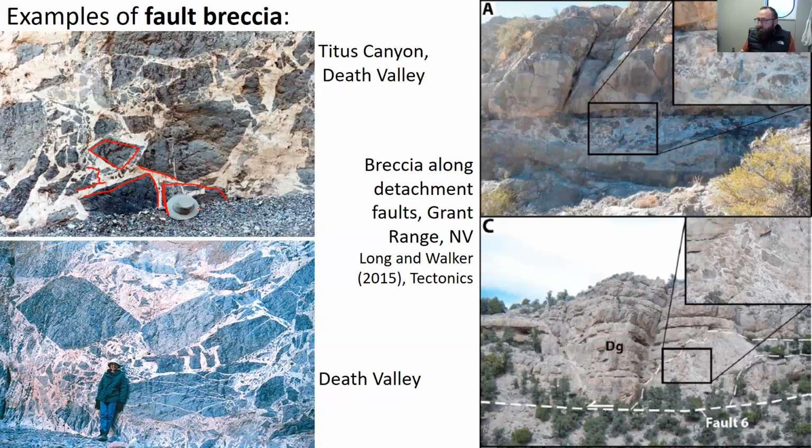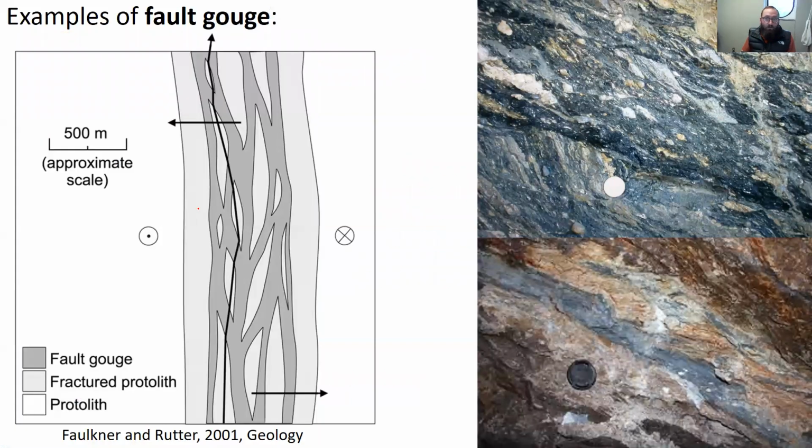Okay, so something called fault gouge, which we talked about, is the finest grain feature in our breccia series of fault rocks, and can actually be a pretty important fault rock that develops in the course of fault brecciation. So gouge, again, is brecciation with very small grain size, basically clay size, so less than 0.1 millimeter in size, and it's from the ultra grinding, often in the heart of the fault zone.